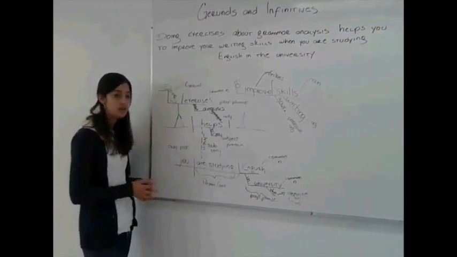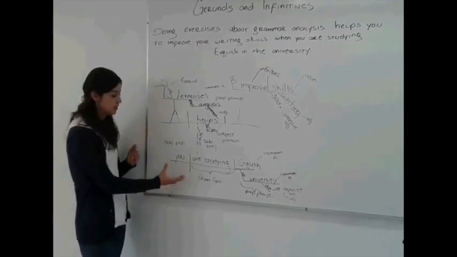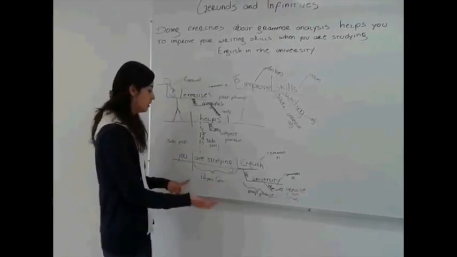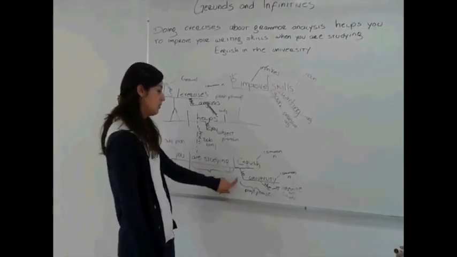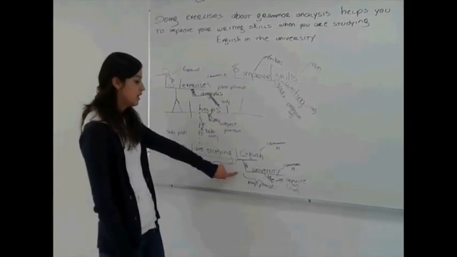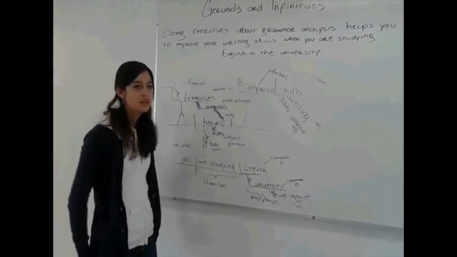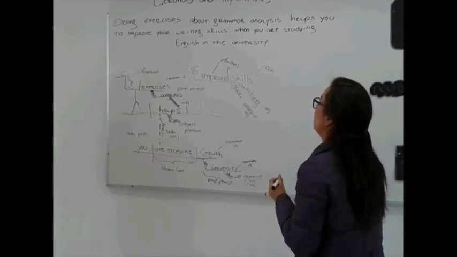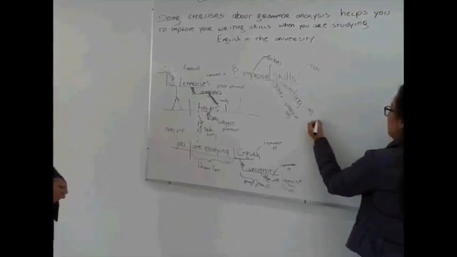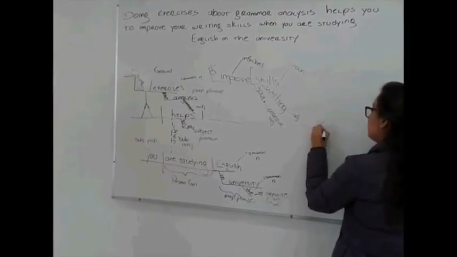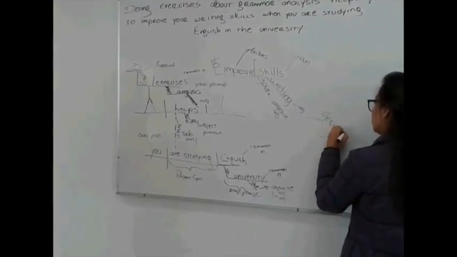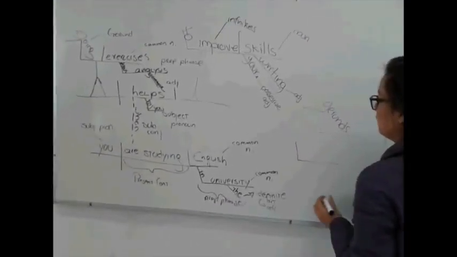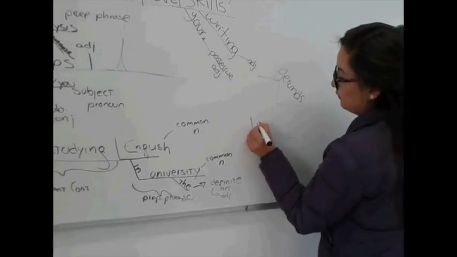The subordinating clause is formed by the subject, which is you, then the verb, are studying, and the direct object, English, in the university. Okay, so I have to tell you that this symbol is for gerunds. And this symbol is for infinitives.